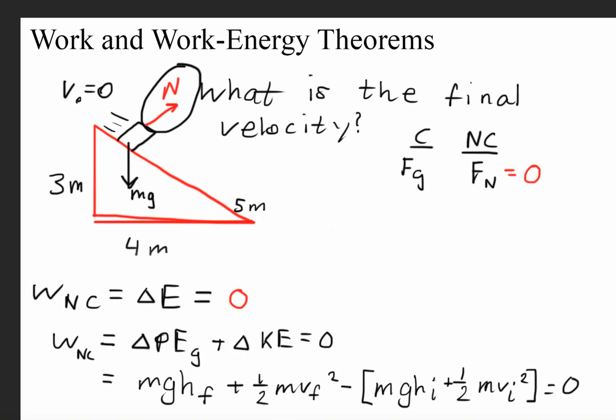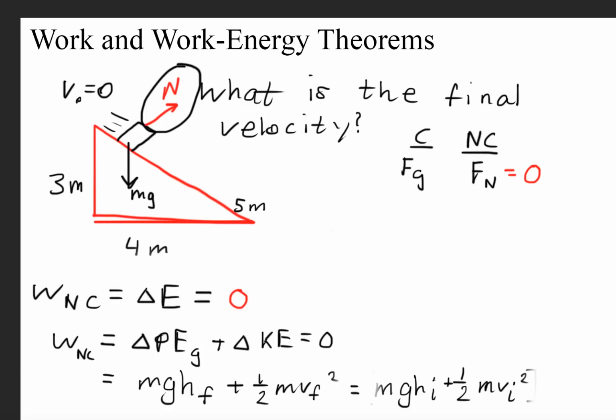And because it equals 0, I can take this term and move it to the other side of the equation, and that's what I'm going to do here. So they equal each other in this situation.